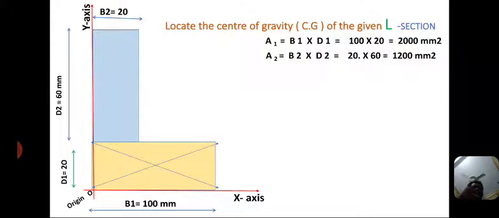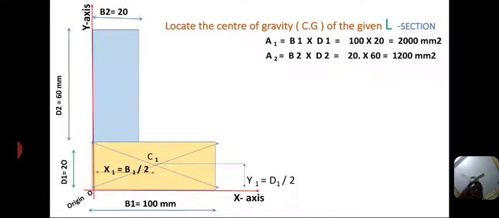Now I am drawing the diagonal lines for locating the individual centroids. C1 is the centroid of the bottom rectangle. It is at a distance of x1 from the y axis, and y1 equal to d1 by 2 from the x axis.